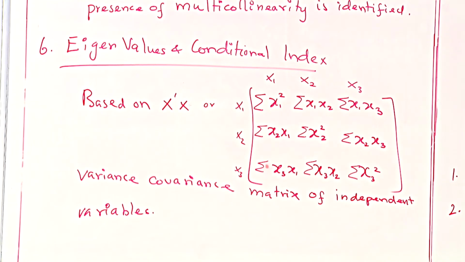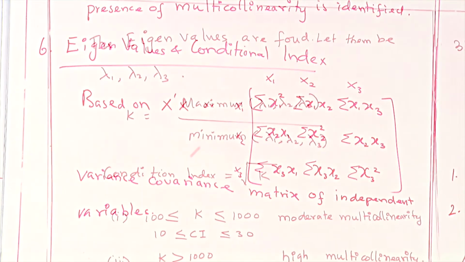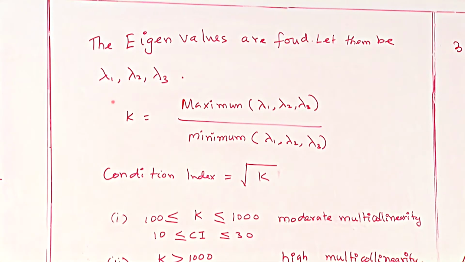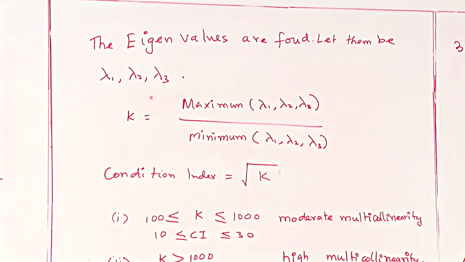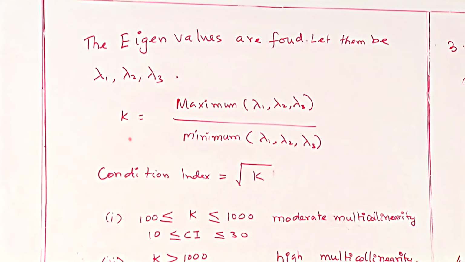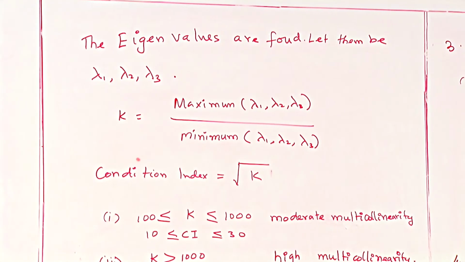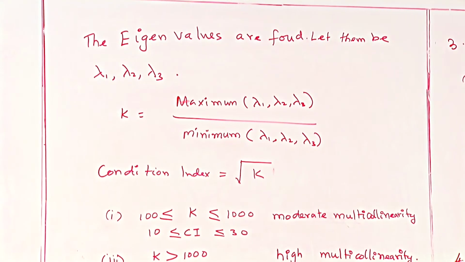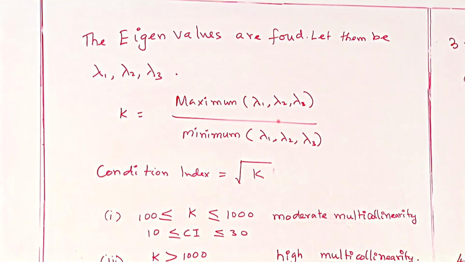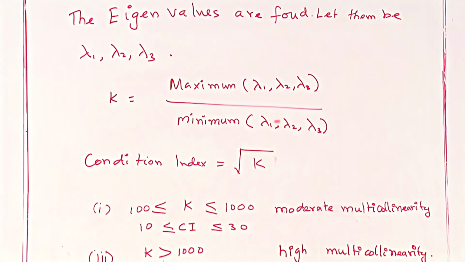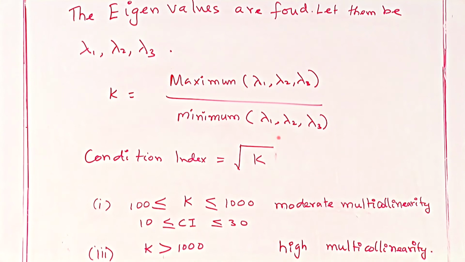From this the eigenvalues are computed. Let them be lambda 1, lambda 2 and lambda 3, because this is a 3 by 3 matrix, and so you will have 3 eigenvalues at the most. The k is defined as the ratio between the maximum of these eigenvalues divided by the minimum of those eigenvalues.